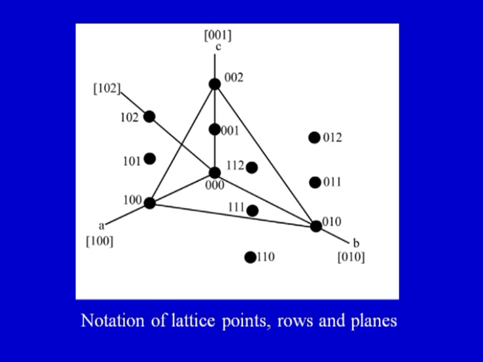A unit cell can be divided into different lattice points in different directions, and positions will be defined by those points. If you can see, this is divided into 0 0 1, 0 0 2, here it is 1 0 2, and in another direction it is 0 1 0. We are not going into detail, but just to give you an idea.